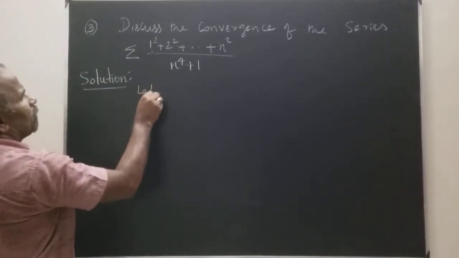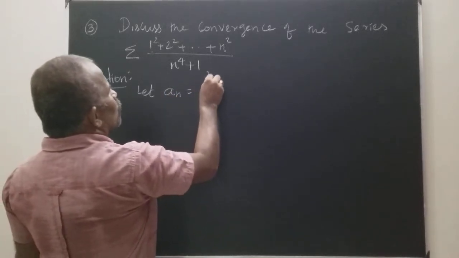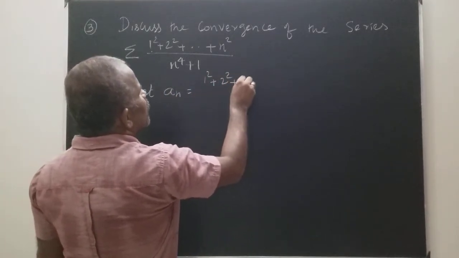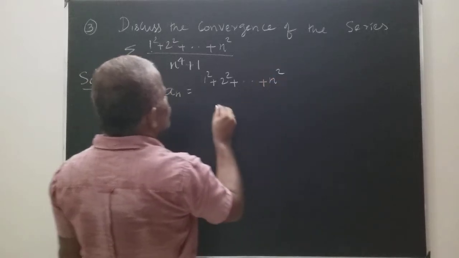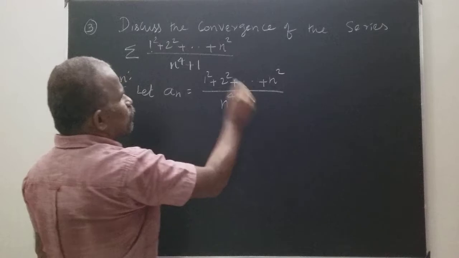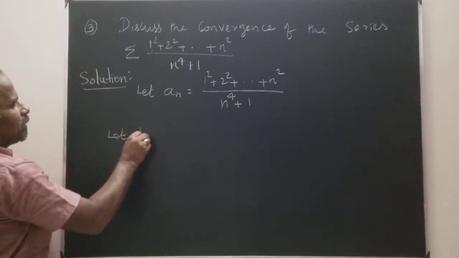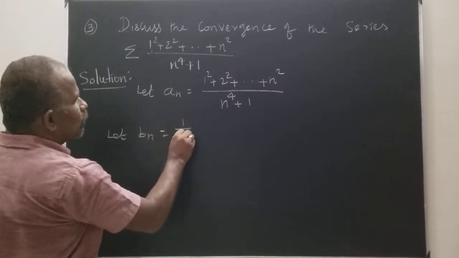Let an be equal to (1 square plus 2 square plus etc. plus n square) divided by (n power 4 plus 1), and let bn be equal to 1 by n.